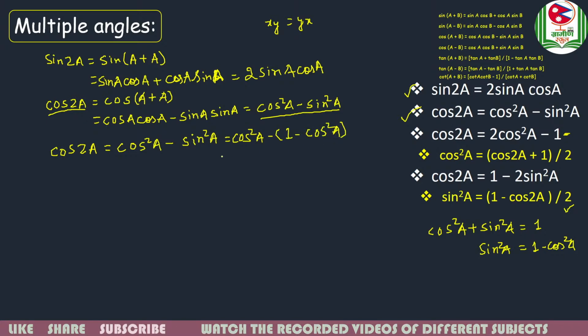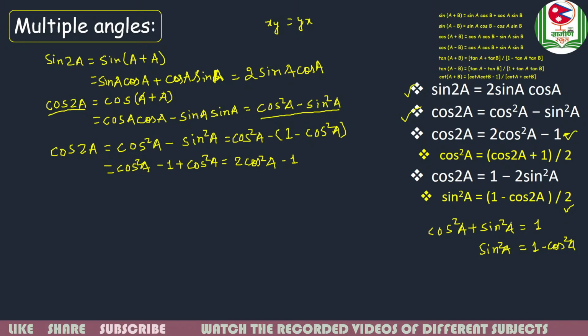On simplifying, we get cos square A minus 1 plus cos square A, and the result will be 2 cos square A minus 1. So we have also proved this.